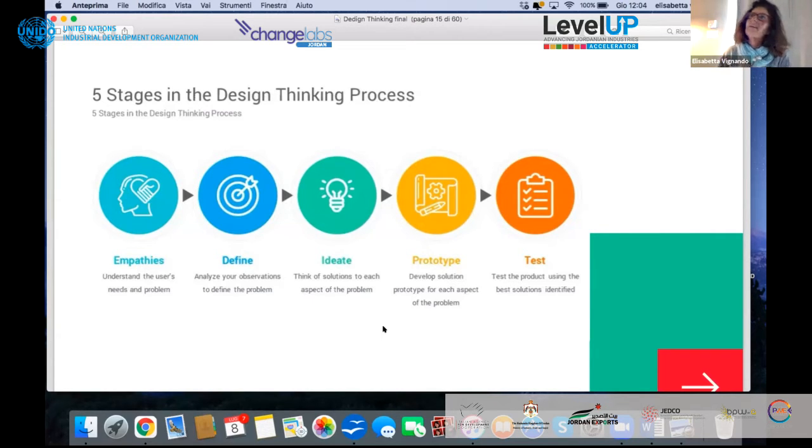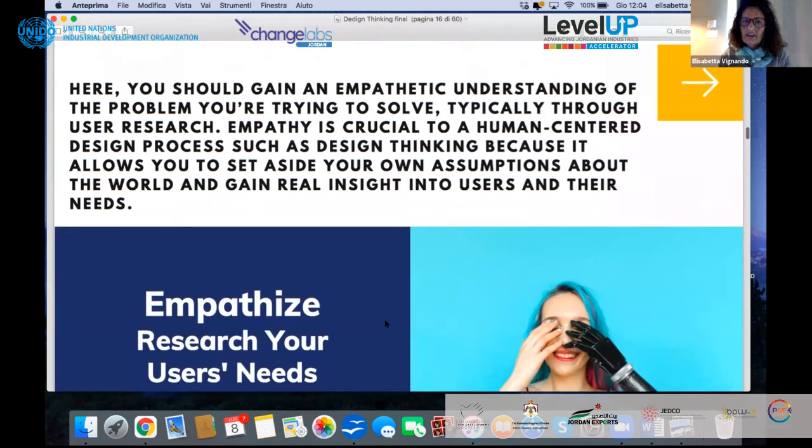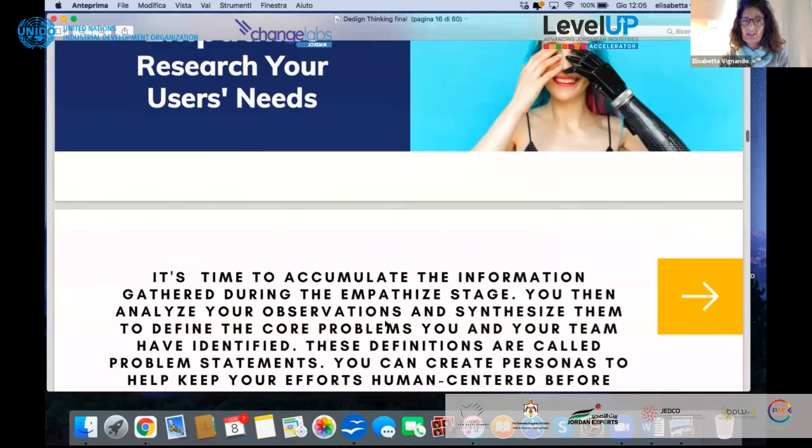So when we test a product or we define a service, we have to understand if the test is matching the user need, and the impact that this final solution has on our stakeholders. So empathize means that we have to be very focused on the user need.